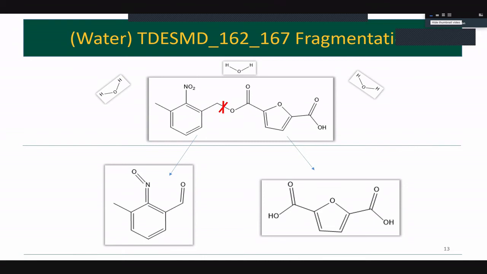The bond that had broken is between the oxygen of the carboxyl group in the middle and the benzylic carbon in the nitrobenzyl group. We were able to disconnect that and produce the FDCA unit we had previously mentioned, which matched what was being done in the experimental work previously mentioned.